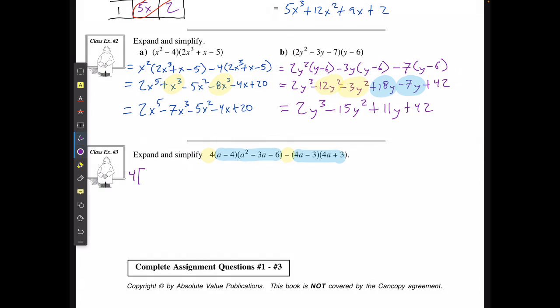I'm going to use the square brackets for multiplying this out. I have a times a squared minus 3a minus 6 and negative 4 times a squared minus 3a minus 6. I'm subtracting from that.